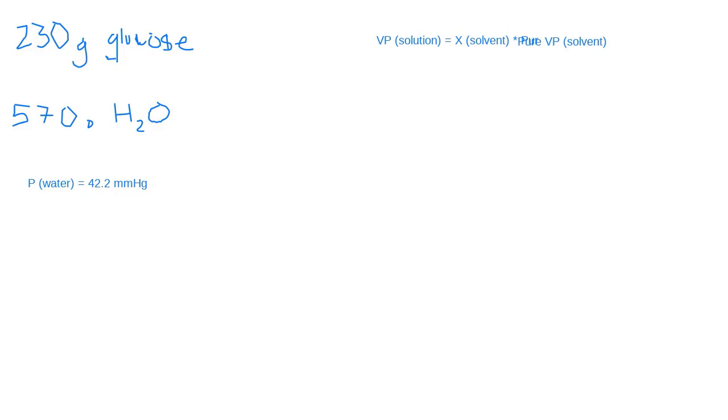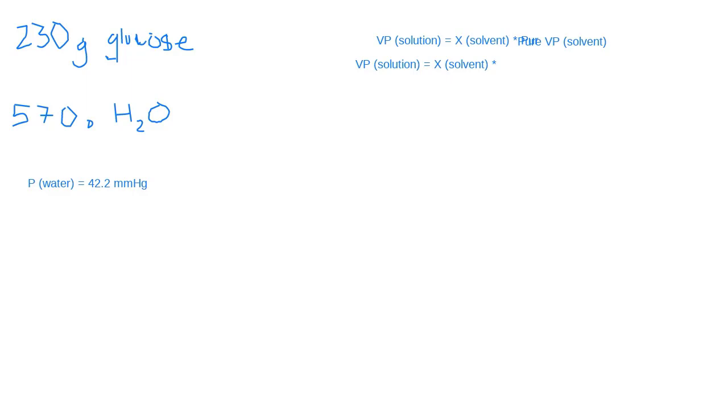Oh, that was a little messy. Let's see here. Vapor pressure of the solution equals the mole fraction, which is X, of the solvent, times the pure vapor pressure of our solvent.